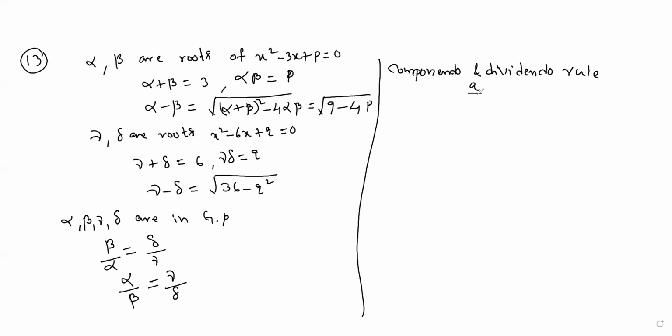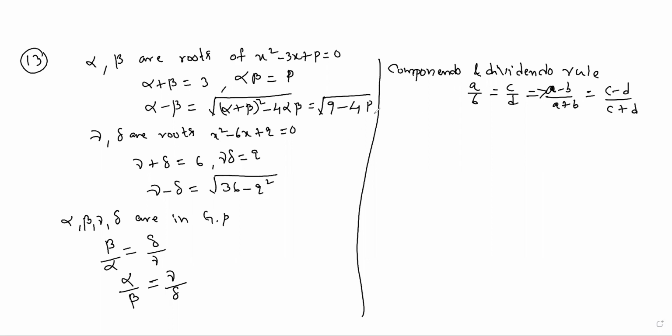What is the rule? If a by b is equal to c by d, we can write either (a plus b) by (a minus b) or (a minus b) by (a plus b), depending on the condition. Here, (a minus b) by (a plus b) is equal to (c minus d) by (c plus d).